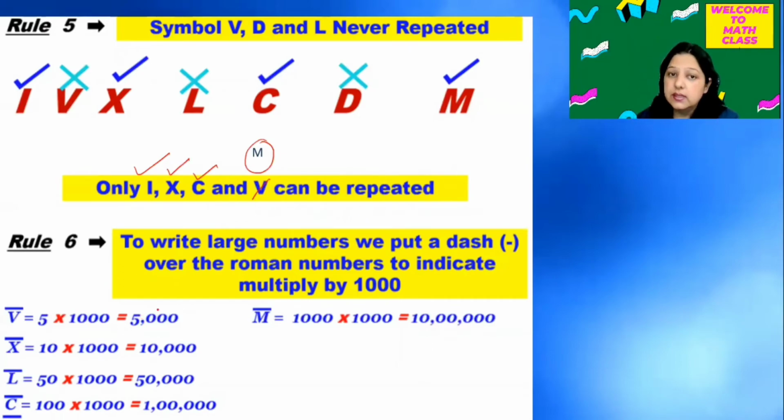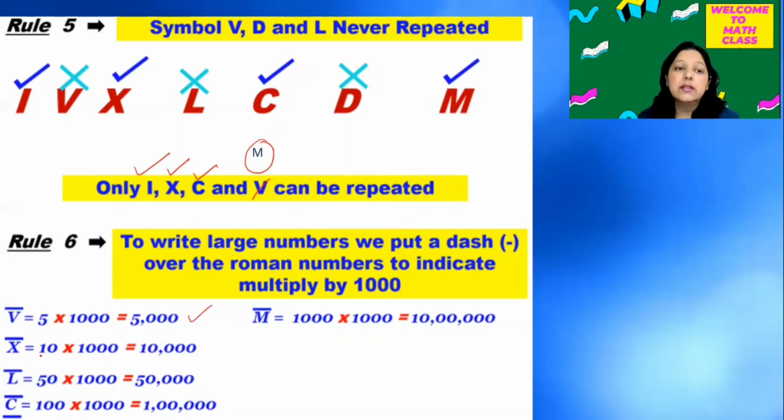Rule number 6. To write large numbers, if you want to write more than 1000, what to do in that case? We have only 7 alphabets. To write large numbers, we put a dash over the Roman numbers to indicate that we are multiplying it by 1000. Like you can see here, V with a dash will represent 5 into 1000, 5000.